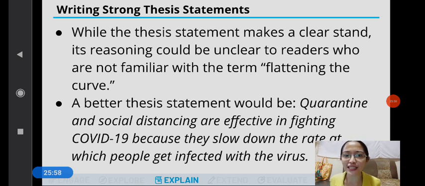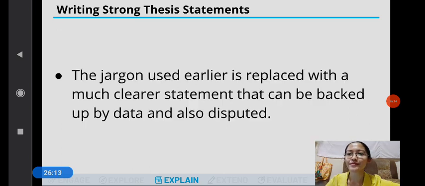Flattening the curve is very specific to certain types of individuals or populations. Now, the jargon used earlier is replaced with a much clearer statement that can be backed up by data and also disputed or argued.